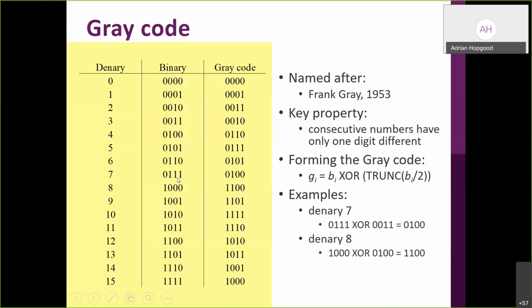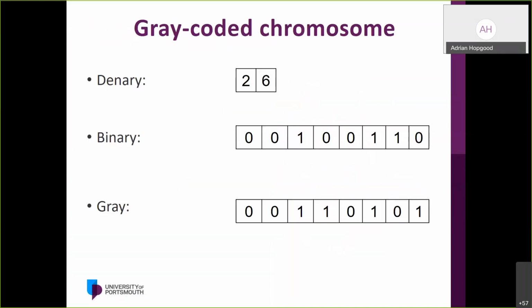If you make a small change in the binary code, you could suddenly find yourself with a completely different sort of value. So that's why Gray code tends to be favoured. But that's a little detail. So my simple example, chromosome 26, would look like this in Gray code, slightly different from the binary version.